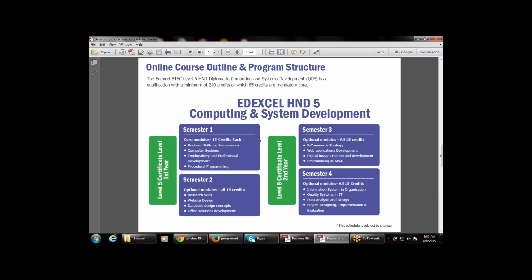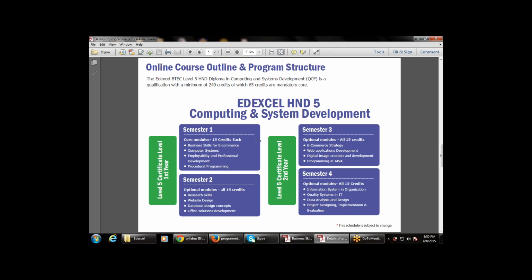Yeah, my screen, my system. Okay, so in first semester there are business skills, computer system, employability and professional development, and procedure programming, right?